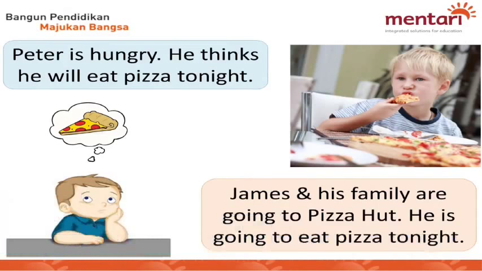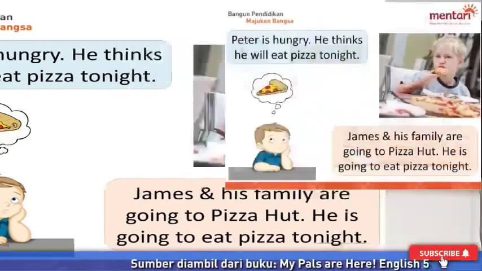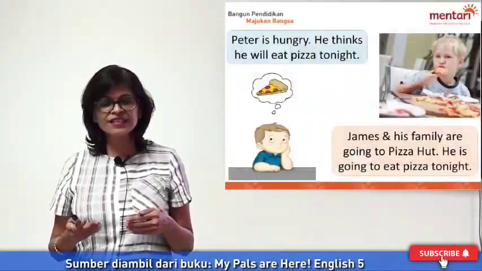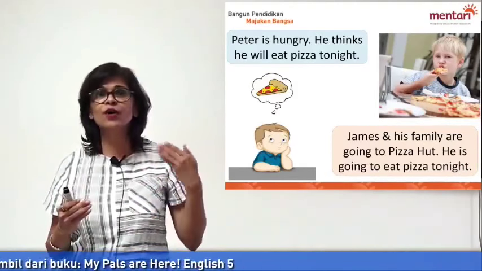James and his family are going to Pizza Hut. He is going to eat pizza tonight. So James has made up his mind to go to Pizza Hut and have pizza. That is the difference. If you have planned, you can use going to. If you are unsure, you will use will.